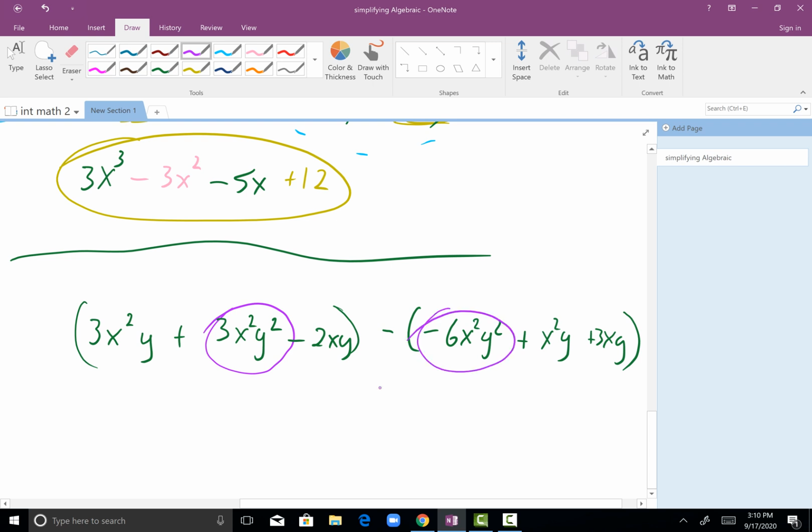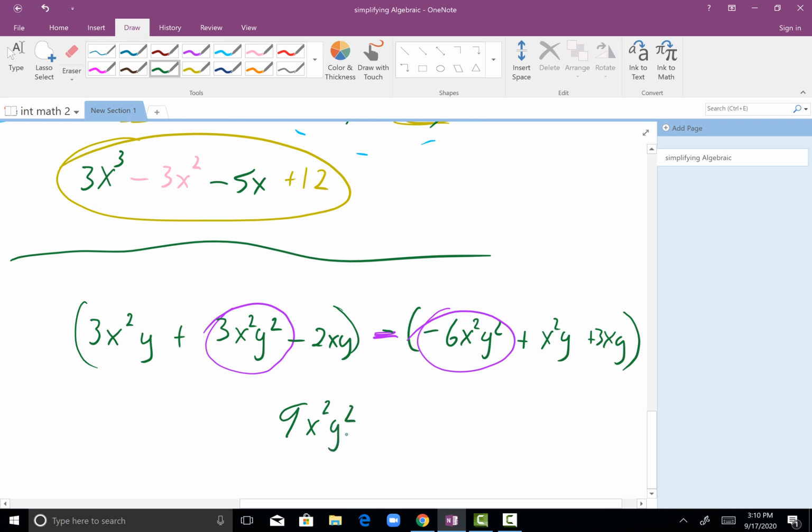I've got this negative 6, but we are subtracting. So that is 3 minus negative 6. That becomes a plus. So I have 3 plus 6 gives me 9x squared y squared. All right, cool.